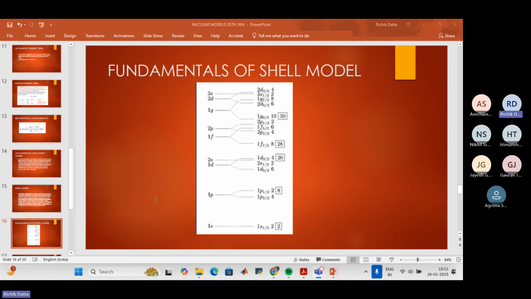But if you see how this 2 is coming, this 2, this 8, this 20, 28, 50, how is this 2 coming? So j into j plus 1 into h cut square. If we take j equal to s, if we put this value, j equal to s, and take the 1s2, from the spectral configuration of an atom, this is basically 2s plus 1 s half.